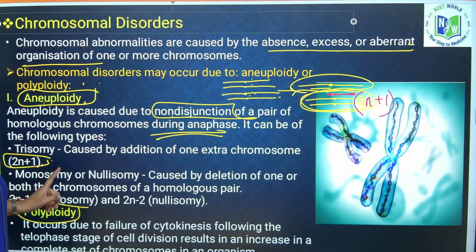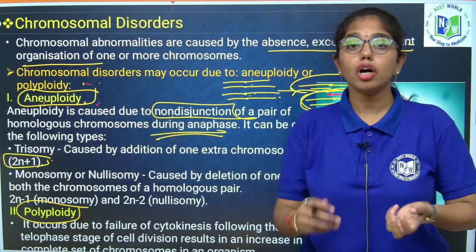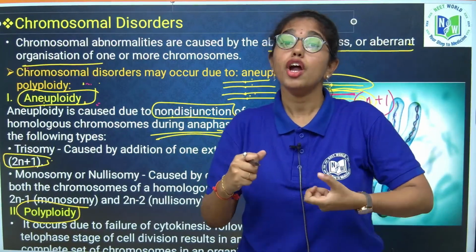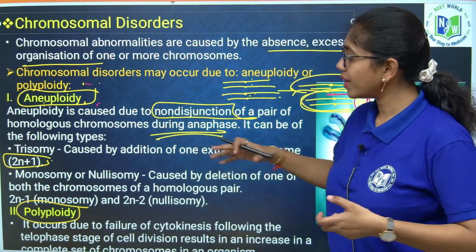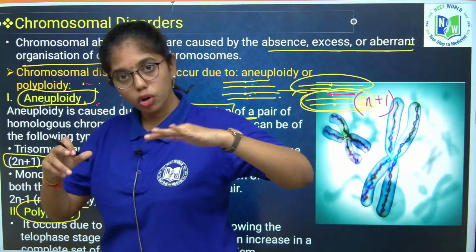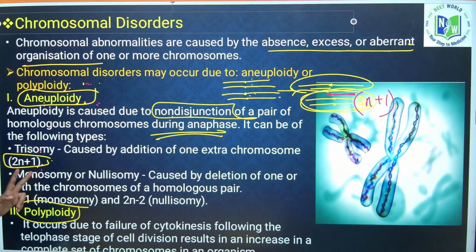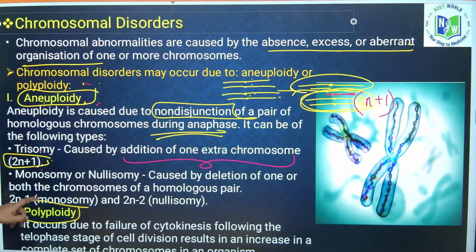This condition is said to be trisomy. So when the disorder occurs, it is because of inappropriate chromosomal segregation during anaphase 1 of meiosis. If an extra chromosome is transferred to the opposite pole, then it is trisomy, 2n plus 1, because of the addition of one extra chromosome.